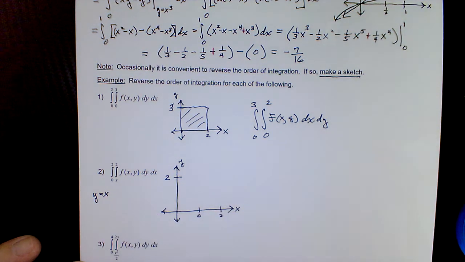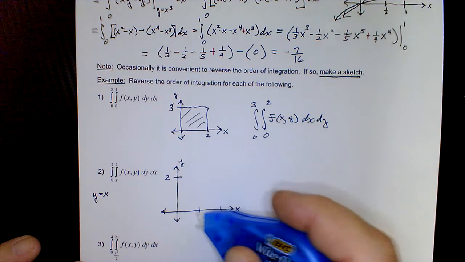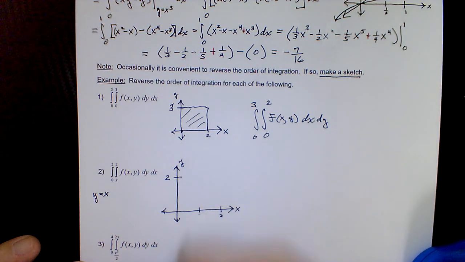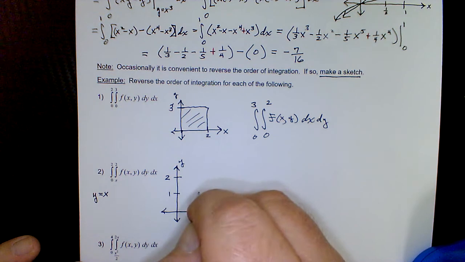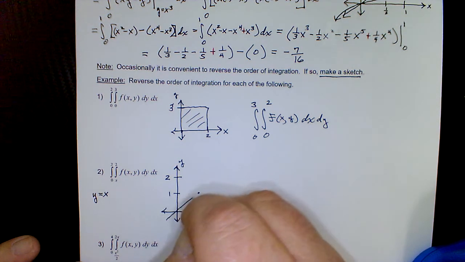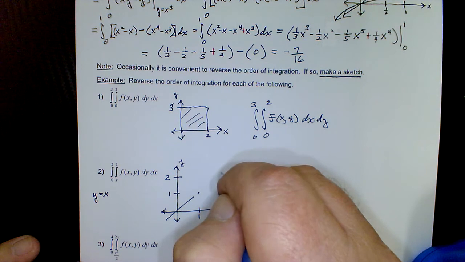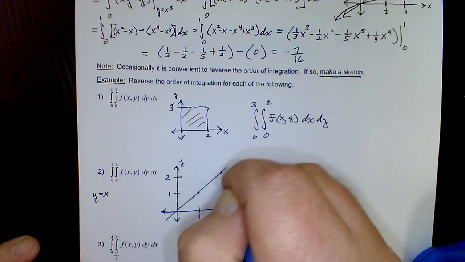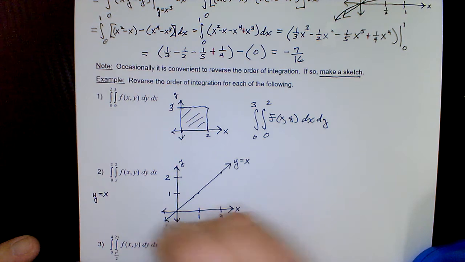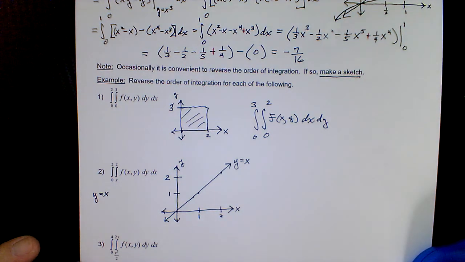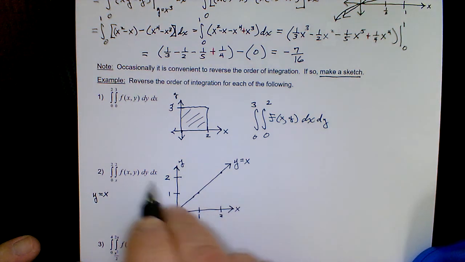So when x is 1, y is 1. When x is 2, y is 2. So there's y equaling x. And so we're going from x to 2 is the y.